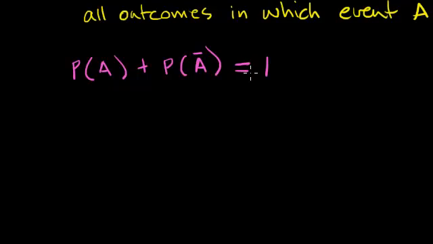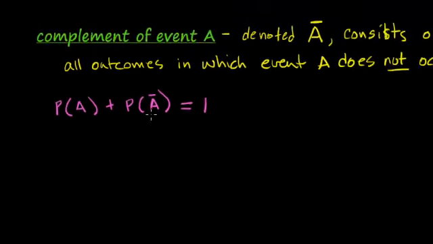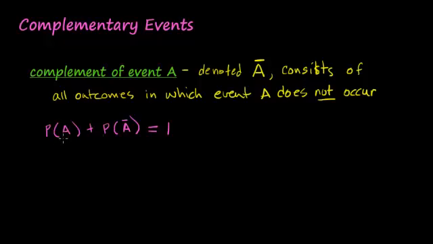So the sum of the probabilities in a sample space equals 1 because at least something in there has to occur in your sample space each time you run the procedure. If you've listed all the outcomes and you haven't left any out, then something in there will occur, and it either is that A happened or that A did not happen. So the probability of an event plus the probability of its complement is equal to 1.